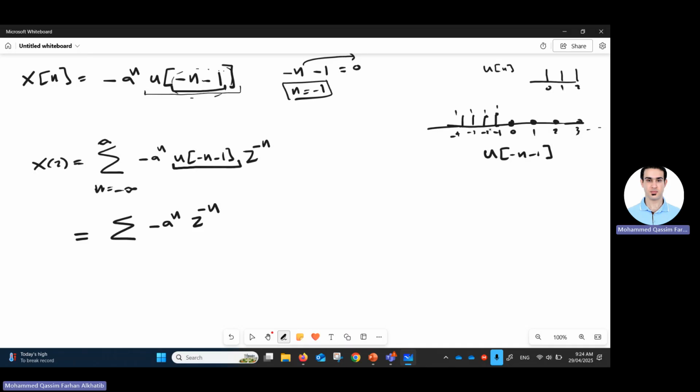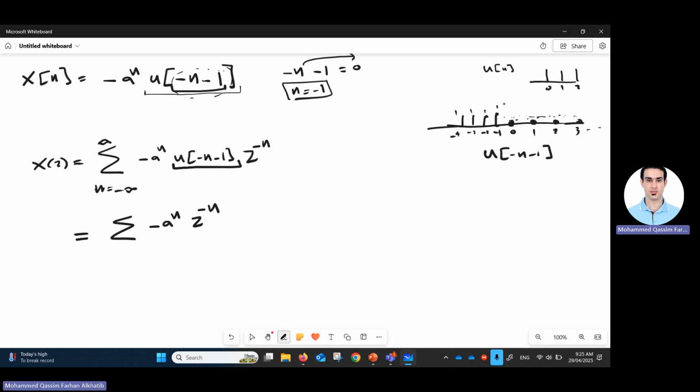Just look here. Where do I have values for this expression? Is it going to be at the beginning or the end? Okay, if it's the beginning, that means I'm taking these values, right? And my summation will become what?